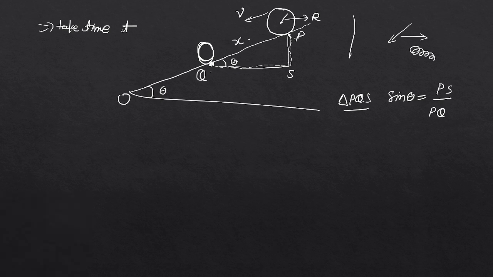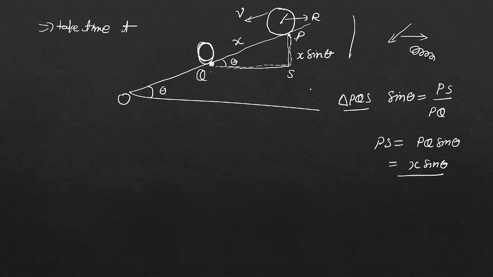Deriving, PS will be equal to PQ sine theta, and PQ is x, so PS is x sine theta. So the sphere traveled a vertical distance of x sine theta from point P.